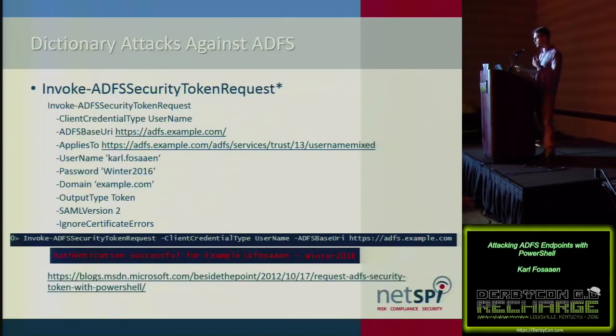So if the email address is karl.fosaaen and the username is karl.fosaaen, that's pretty easy. But if they're renaming it to something else, you have to have that correct username in there. So small caveat there. We pick our SAML version, all of that. Since this was direct from Microsoft, for my own personal use, I've just wrapped it with a try-catch. The little red text here that you see, authentication successful.